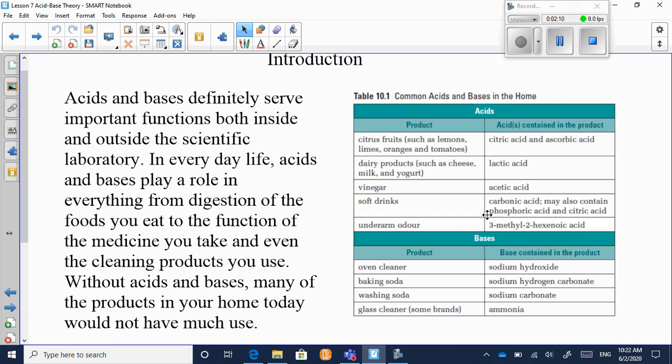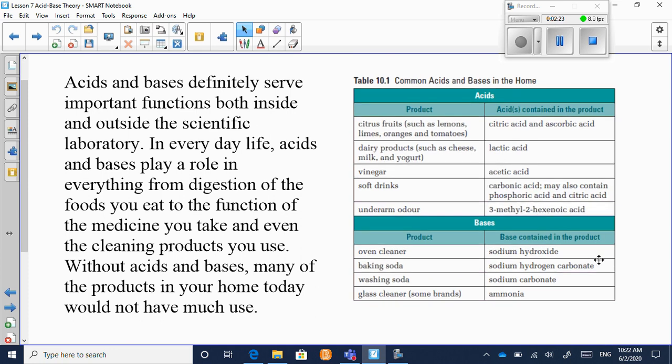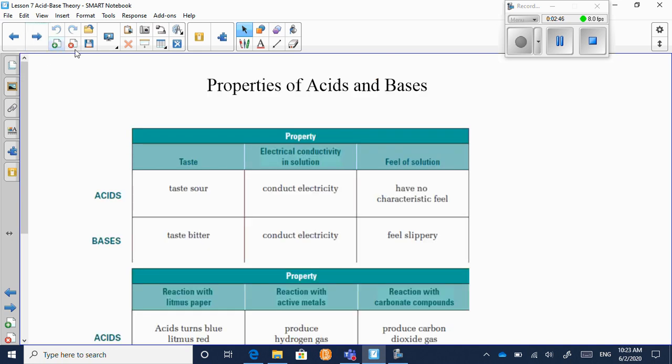Some of the odor that you give off is a certain type of acid, 3-methyl-2-hexanoic acid. Bases: oven cleaner is sodium hydroxide. Baking soda is sodium hydrogen carbonate or sodium bicarbonate. Washing soda, sodium carbonate, and glass cleaner is often ammonia. So these are examples of acids and bases that you've probably come across on a regular basis.